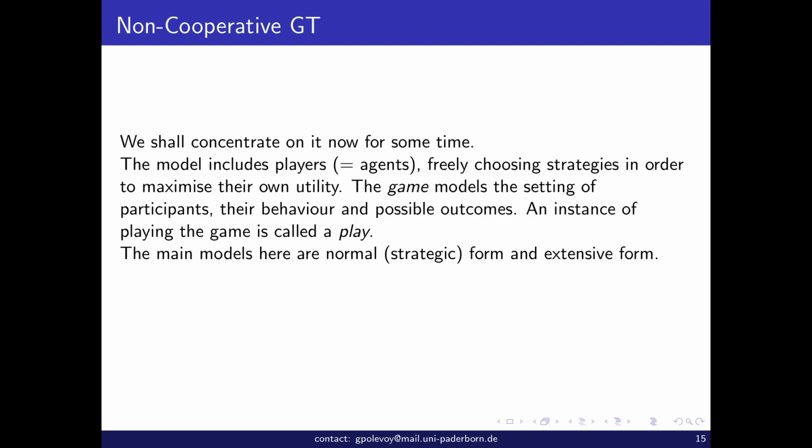And from the next set of slides, probably the next week, we're going to drastically zoom in to one of the interesting parts of this non-cooperative game theory. So, the model includes agents which freely choose strategies. That's the basic of the model, which strategy an agent chooses.